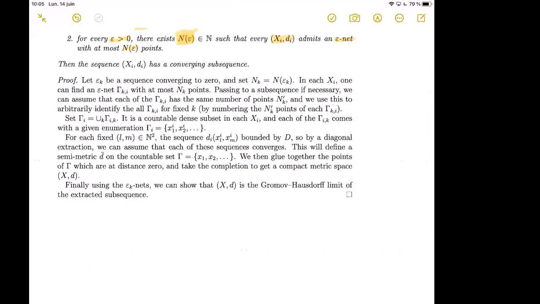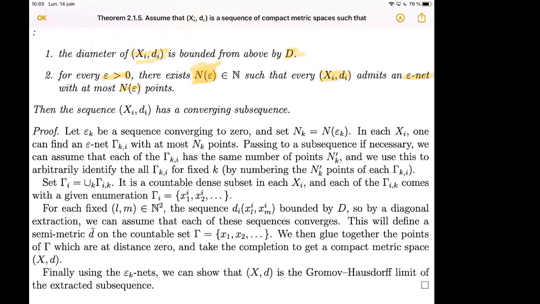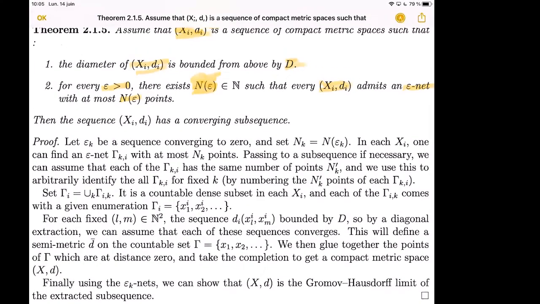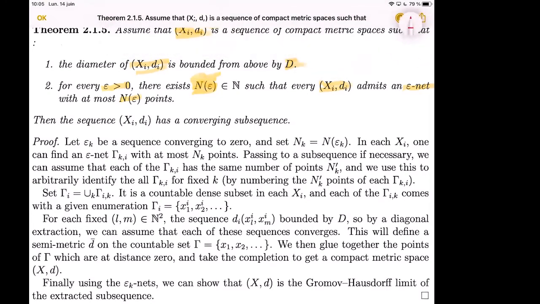Okay. So yeah, this is due to Gromov, and it's basically using that a countable product of a compact metric space is compact. Or it's the same proof, actually.